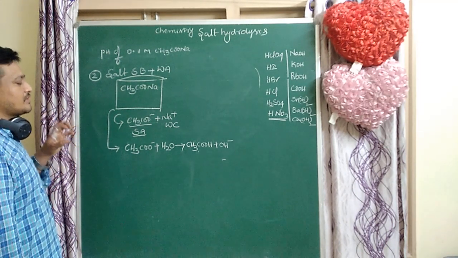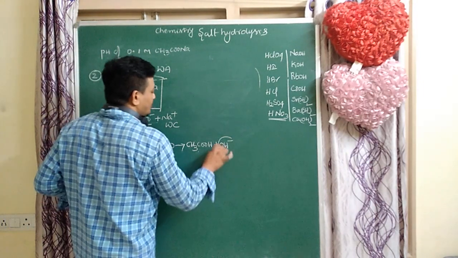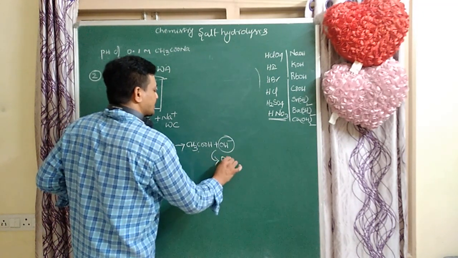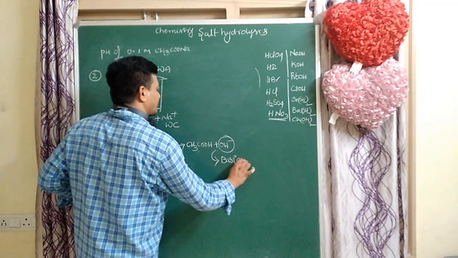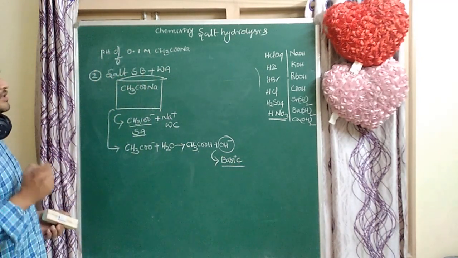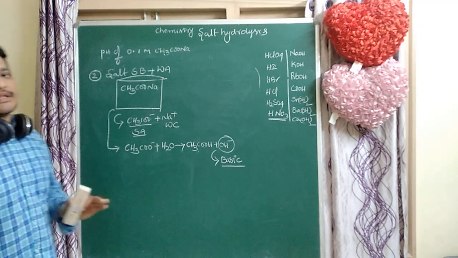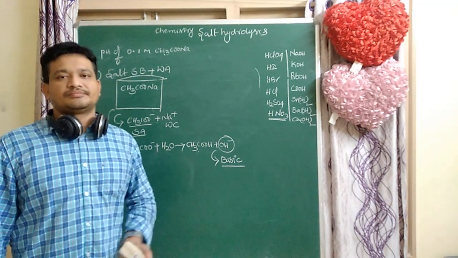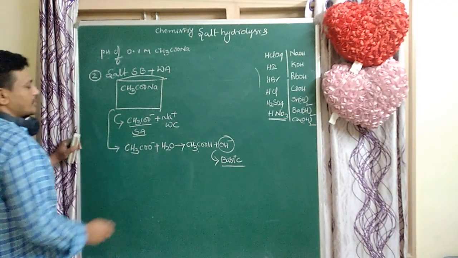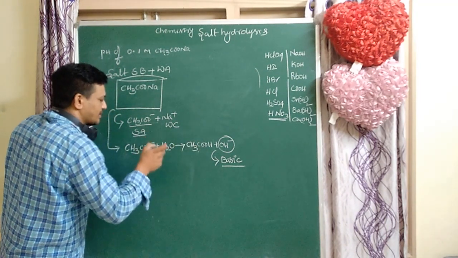OH minus ions are produced, so the aqueous solution of this type of salt has a basic nature, and the pH value is greater than 7. So in anionic hydrolysis, the solution is basic.